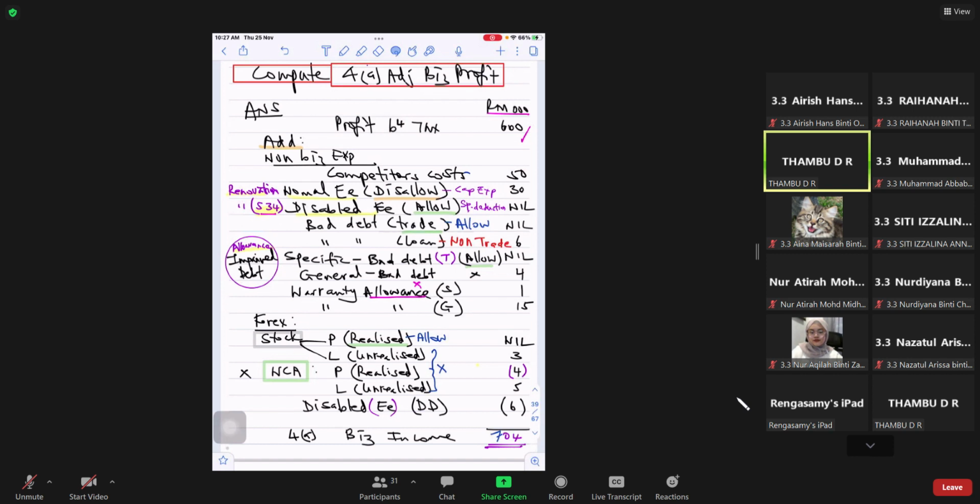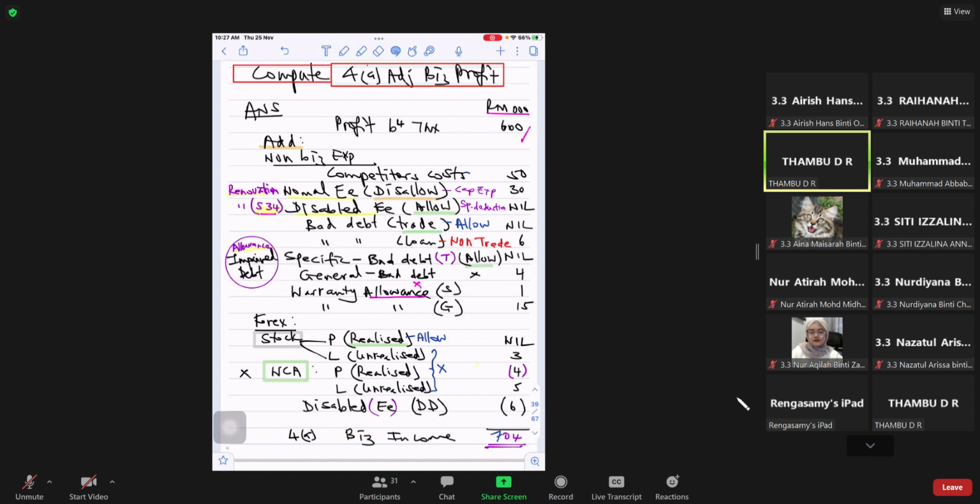If you have any other bad debt, trade, allow, nothing to do. Loan is non-trade, cannot add back. Specific bad debt, allowance or impact debt.